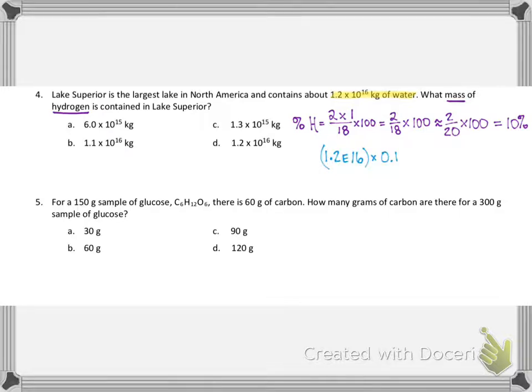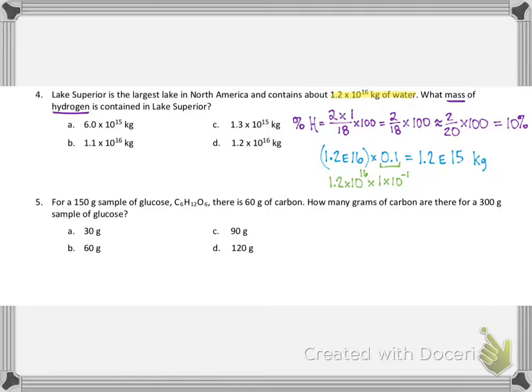Well, 10% of something is just like multiplying by 0.1, which of course is just like moving the decimal place over 1 place, making it smaller by 1 degree, which means 1.2 times 10 to the 15th kilograms will be the mass of our hydrogen. If you weren't sure how to multiply 0.1 in your head, remember that 0.1 is just 1 times 10 to the negative 1.